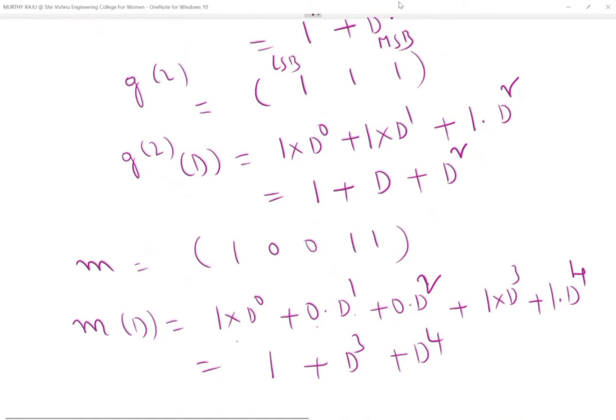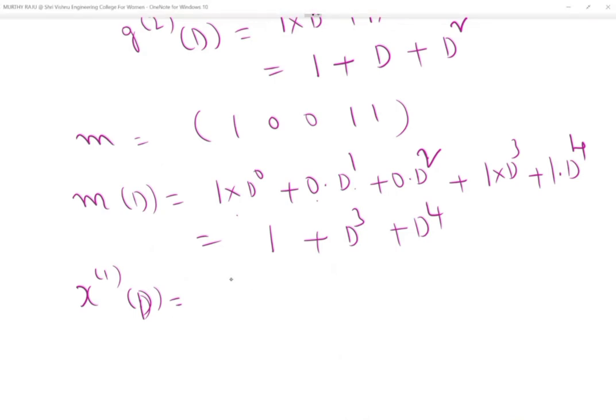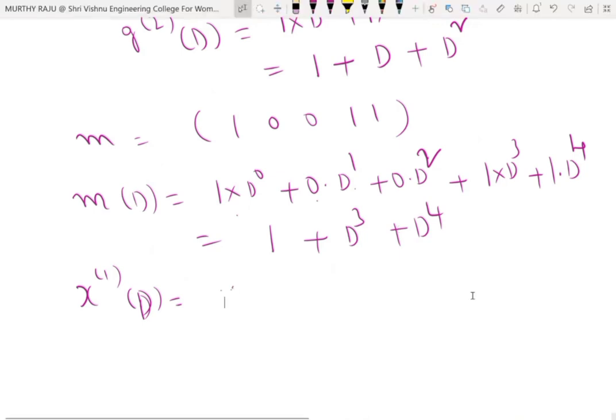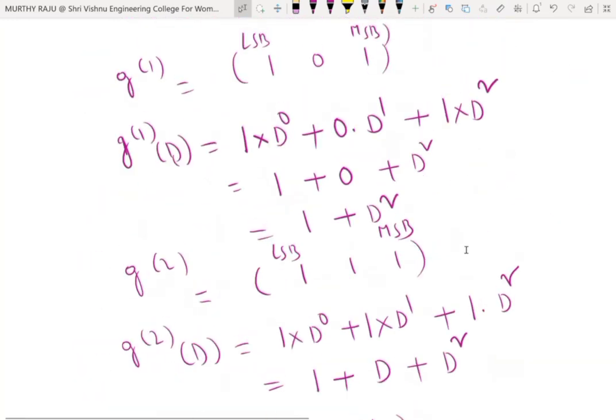Find out the outputs. That means x of 1 of d, the first output of the first modulo 2 adder. Two outputs are there, n is equal to 2. Therefore, that is g1 of d.